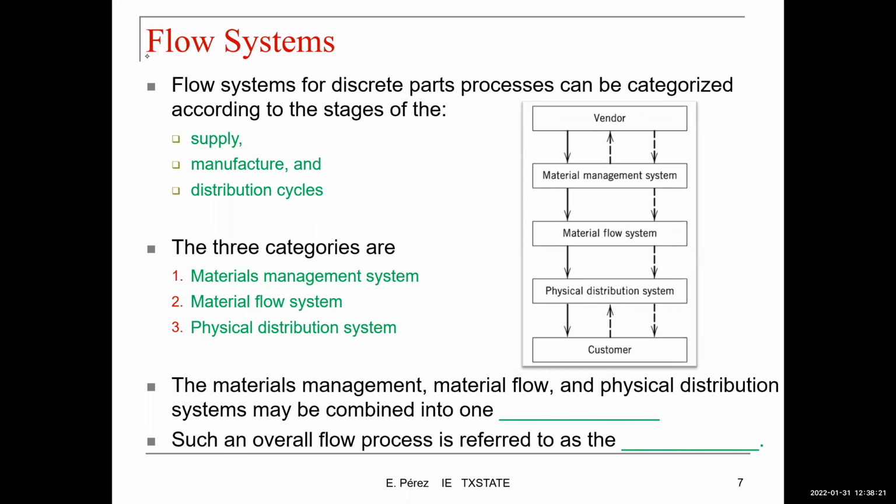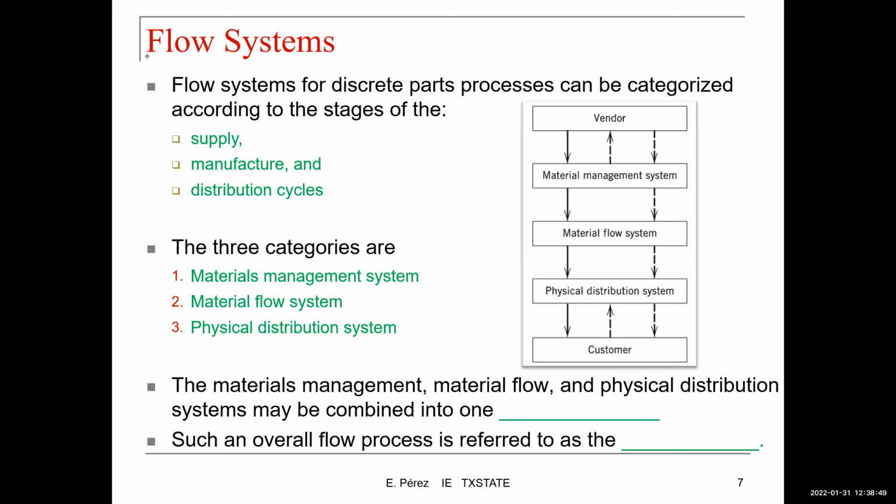And then from there, you have the material management system, which is going to be planning what's coming into the system or into the facility, the material flow system that is going to take those products and direct them to the right machines or the right department so you can work on those. And then once the product is completed, you can have the physical distribution system, which is in charge of delivering those products to the actual customer.